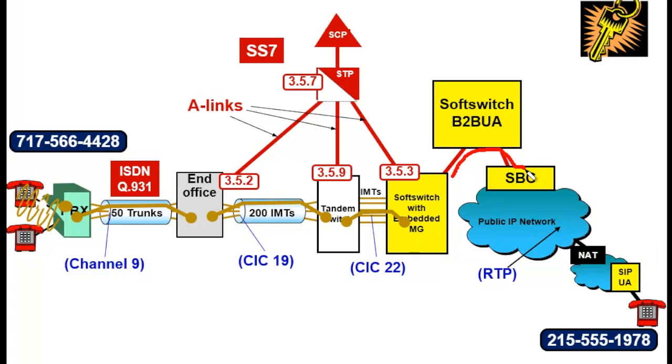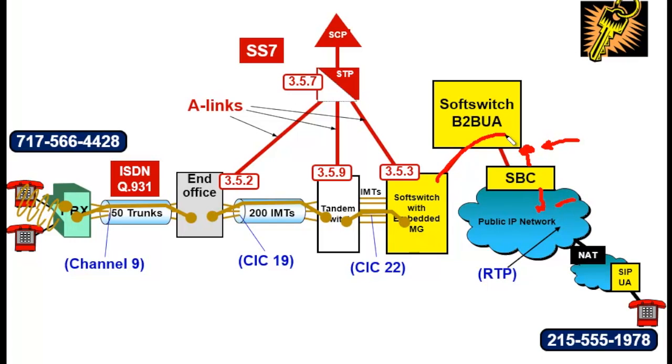Now a session border controller is going to make modifications to the invite, making it appear as though the invite originated from the outside of the session border controller. What you should know is that a session border controller has two interfaces, one facing in, which usually has a private address, one facing out, which has a public address.